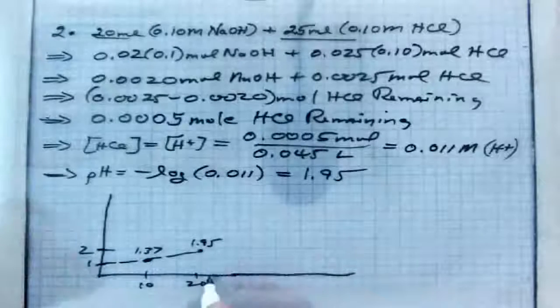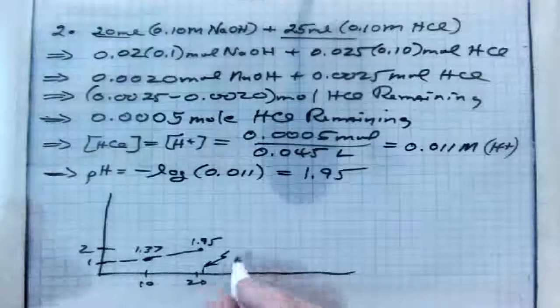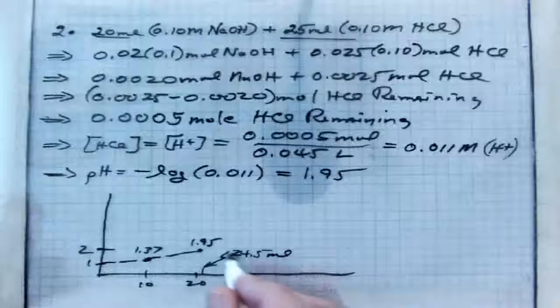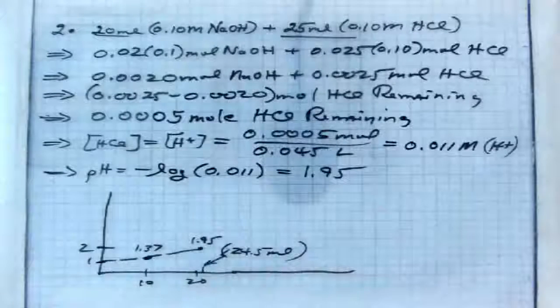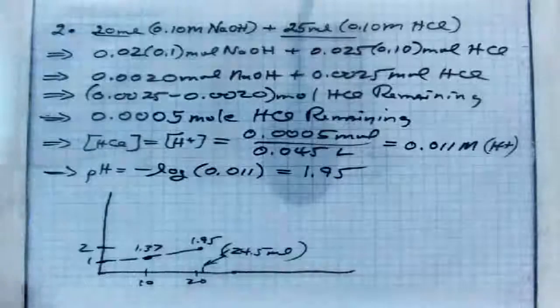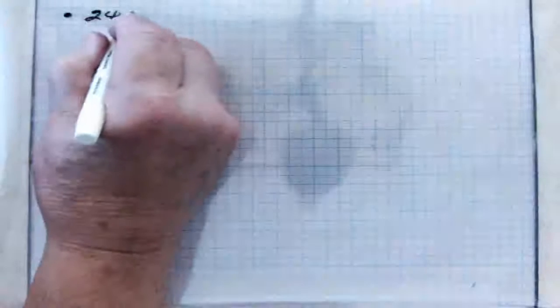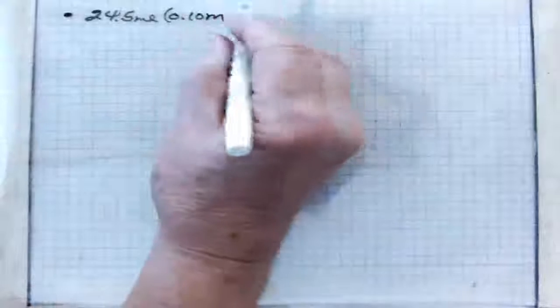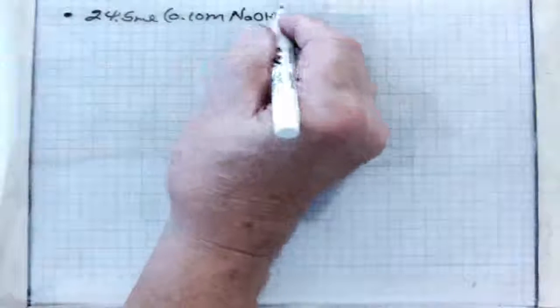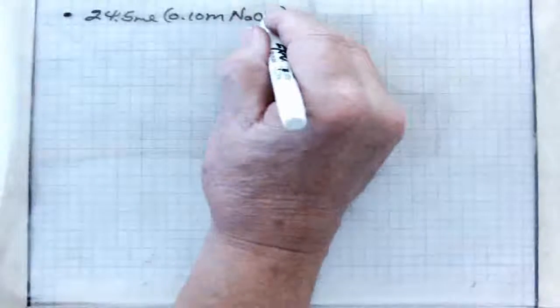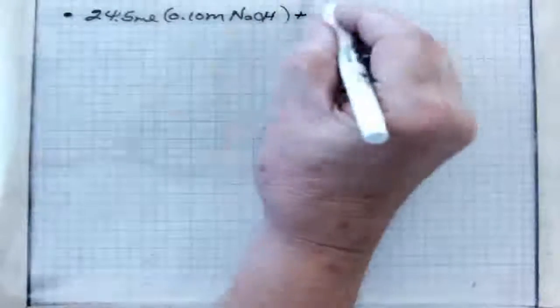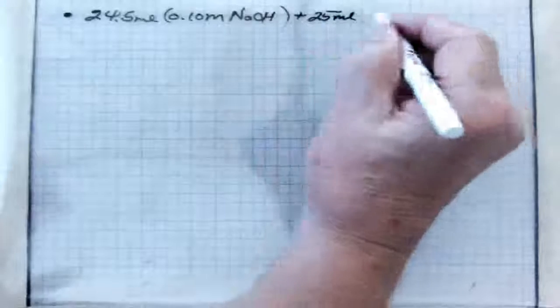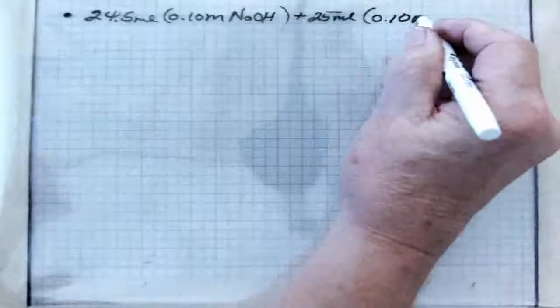And so now we want to go to 24.5 and do the same thing, see how close it gets to the pH of 7. So here we're going 24.5 milliliters of the 0.10 molar sodium hydroxide plus 25 milliliters, the same concentration, HCl. So what do we do first?